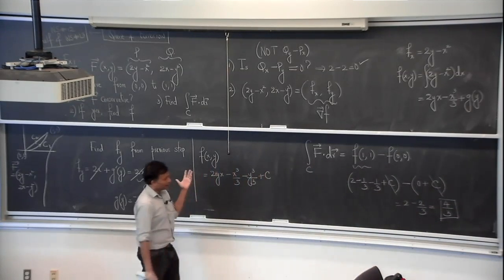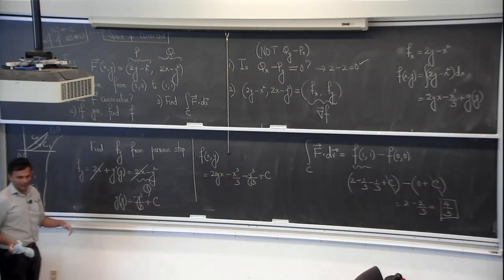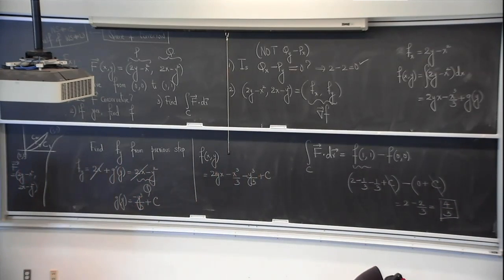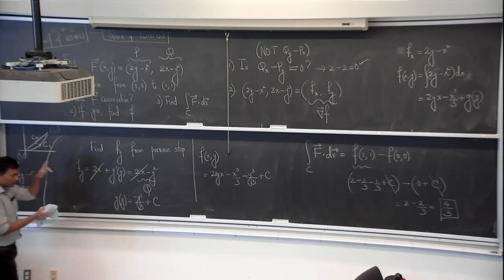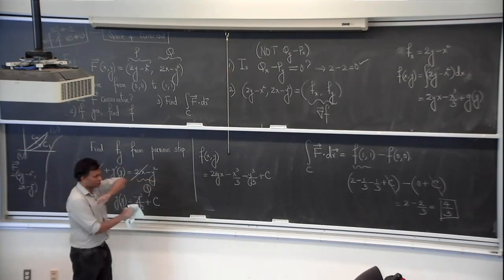For this problem, it might look okay, I could have done the other way, but there are vector fields which you don't want to deal with directly. You could just use your potential function and subtract it out. So it's a very reliable process. The nice thing is, if you have a vector field and you know the 2 points there, this always works.